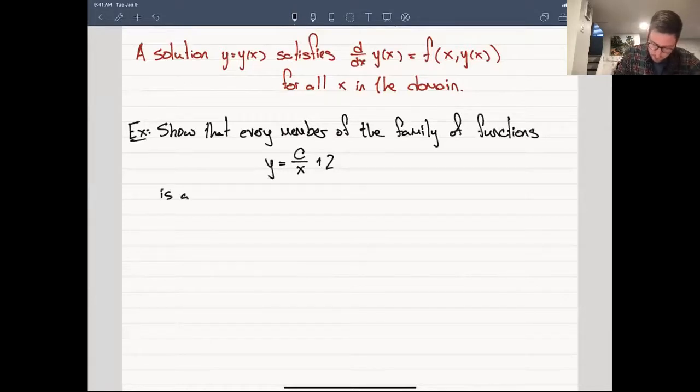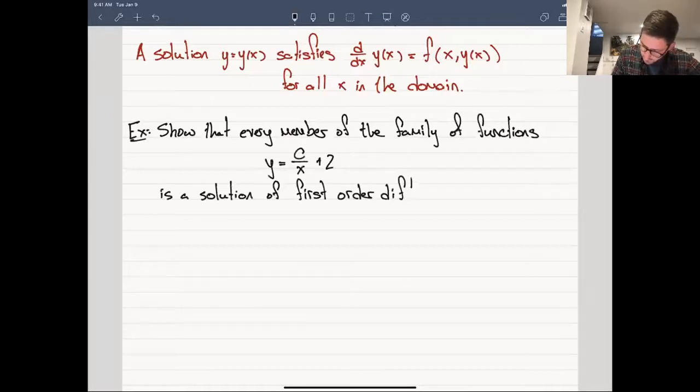is a solution of the first order differential equation. Let's look at this. So this is dy by dx is equal to 1 over x times 2 minus y.